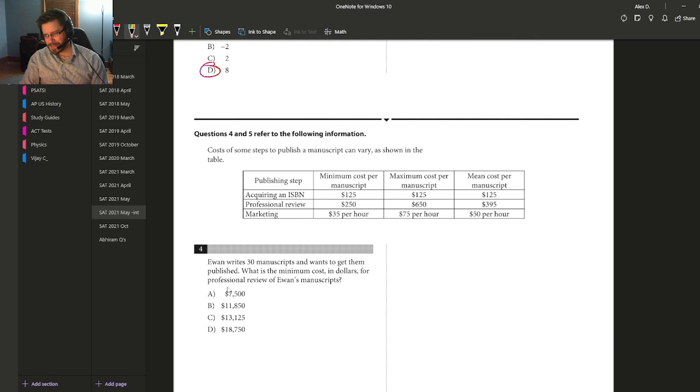What is the minimum cost for professional review of Ewan's manuscript? Minimum cost per. He writes 30 manuscripts and wants to get them published. What is the minimum cost? So cost per for a professional review. So the minimum is $250.